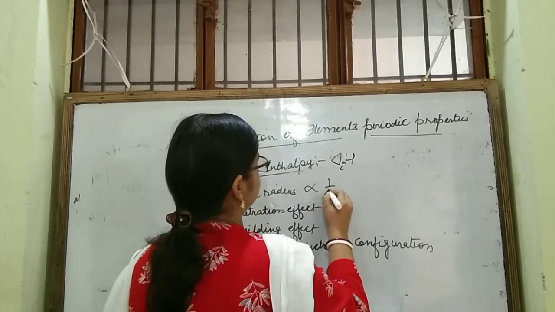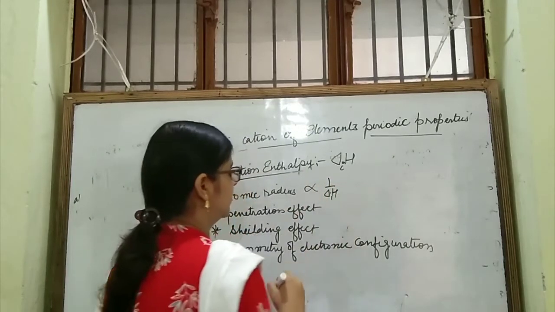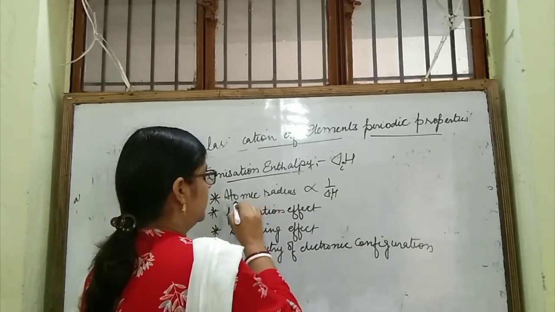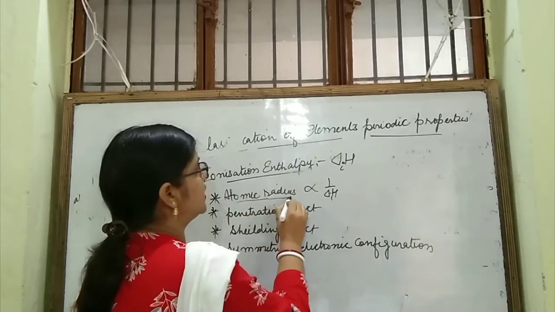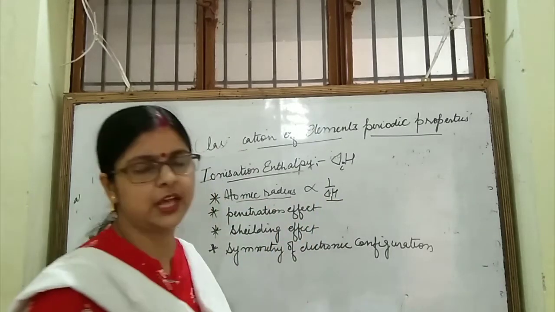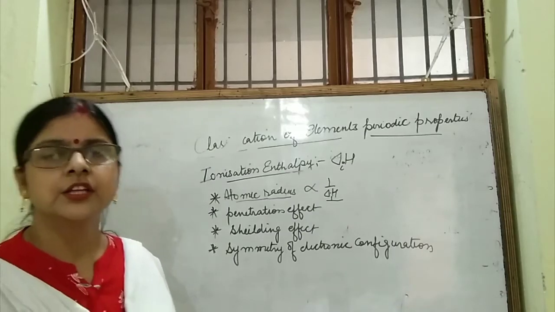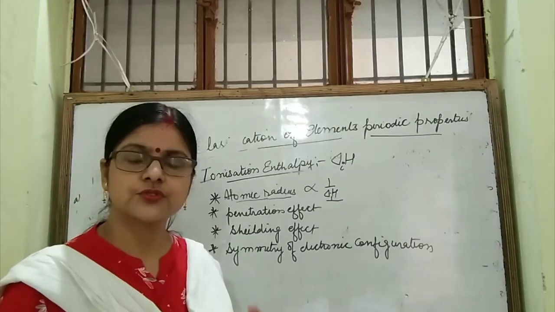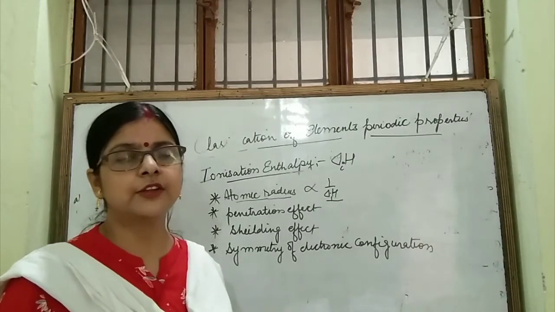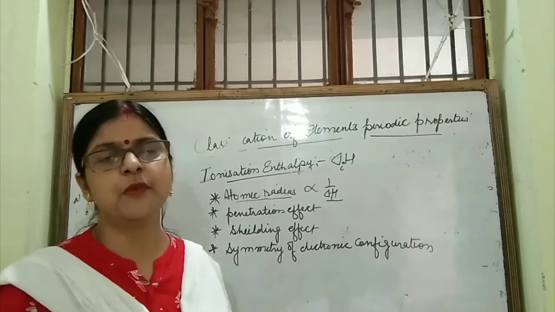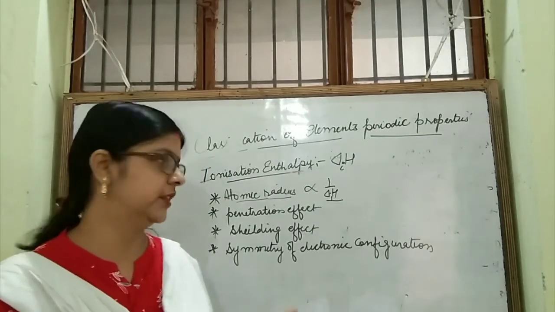The lesser the atomic radius, the more ionization enthalpy will be required to remove the electron. The more the atomic radius, the lesser the magnitude of ionization enthalpy.